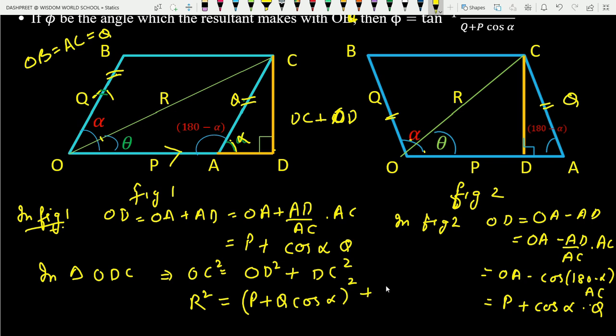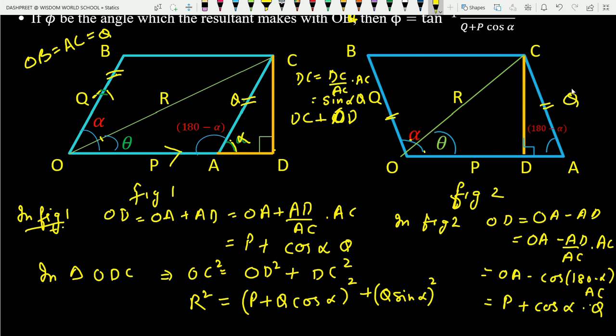And the value of DC: here DC can be written as DC divided by AC upon AC, and AC is Q, and DC is perpendicular upon hypotenuse. The value of perpendicular upon hypotenuse is written as sine of alpha in this case. AC is Q, so this can be written as Q sine alpha in both the cases.